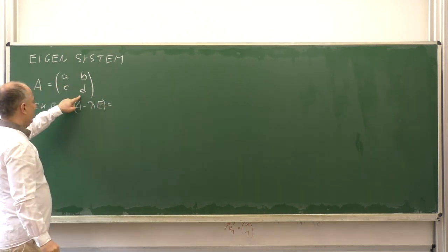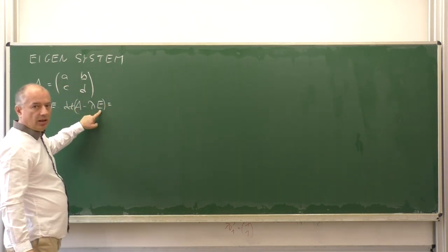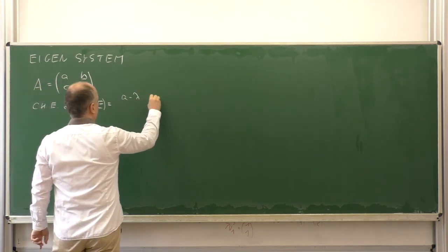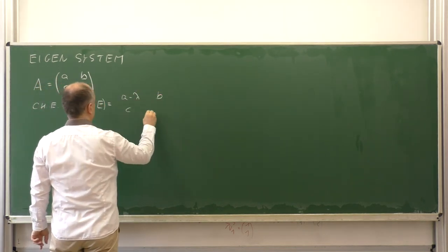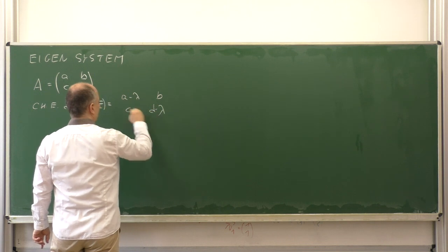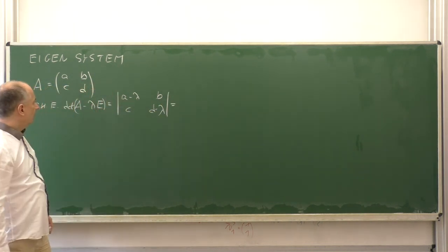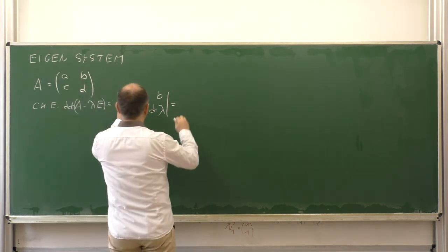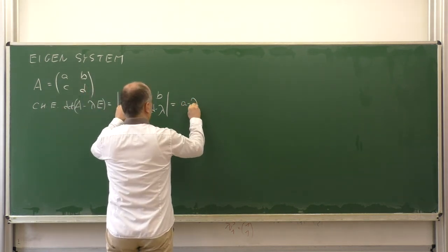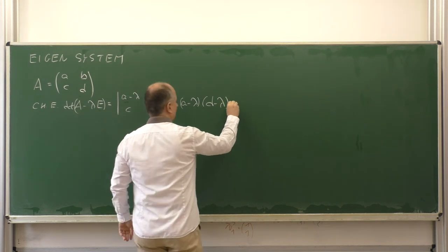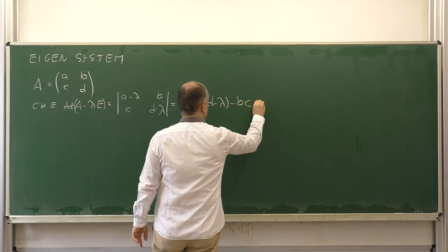We take the matrix A and we subtract lambda from the entries on the main diagonal. A minus lambda, B, C are unchanged, and D minus lambda, and the determinant of that. If we compute this determinant, we have A minus lambda times D minus lambda minus BC.